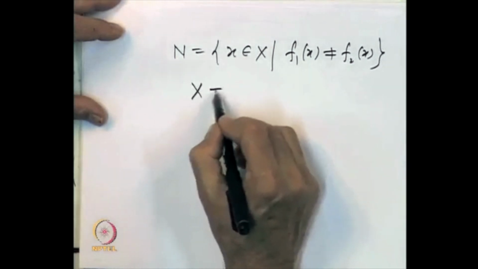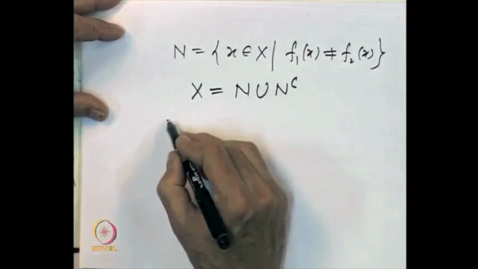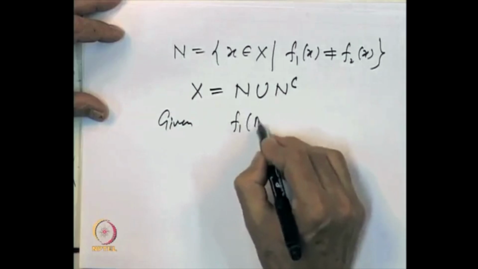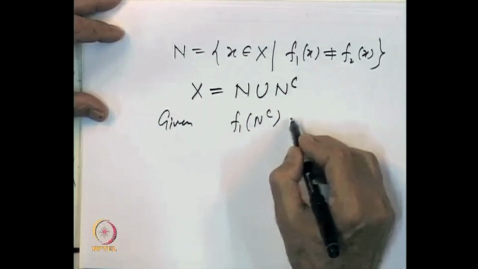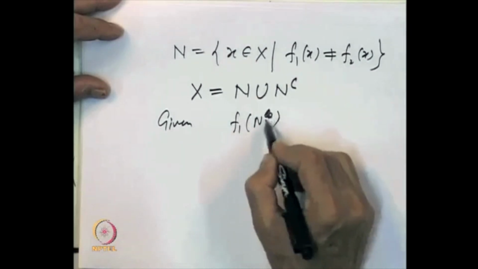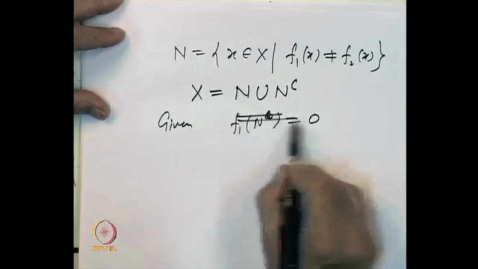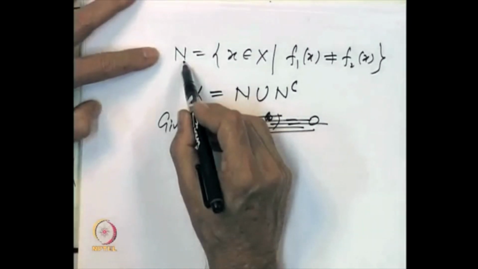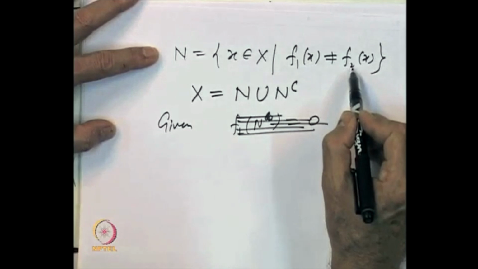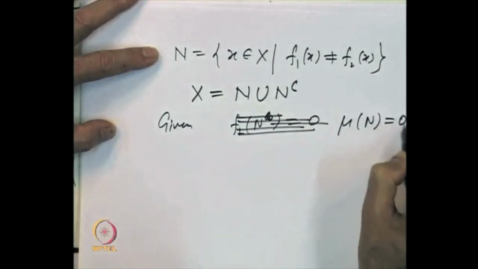Then the whole space can be written as N union N complement, and we are given that f1 is equal to f2 almost everywhere. So where they are not equal, that is a set of measure 0. So mu of N is equal to 0.